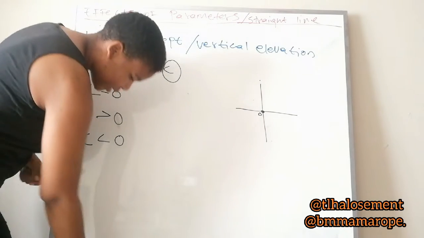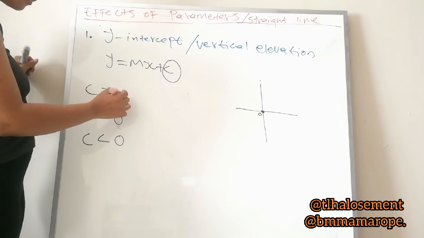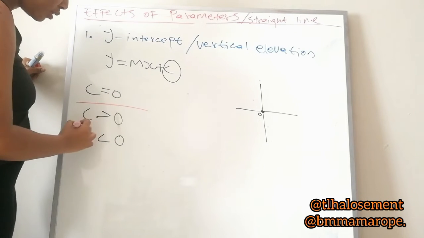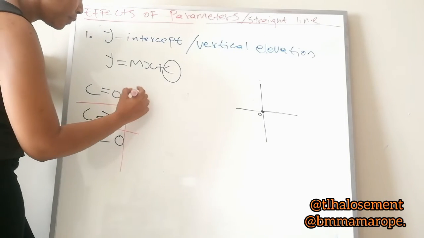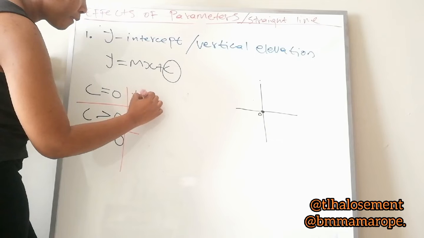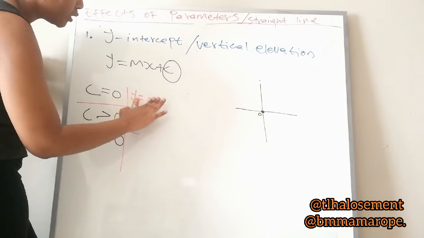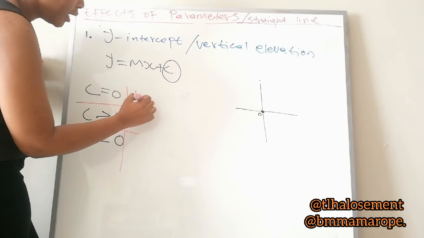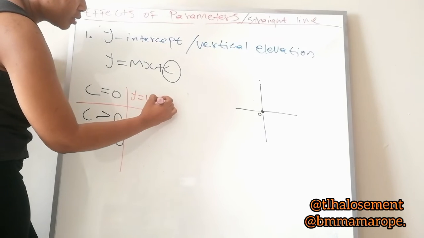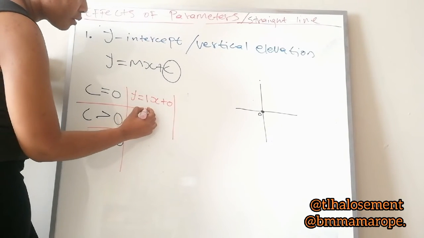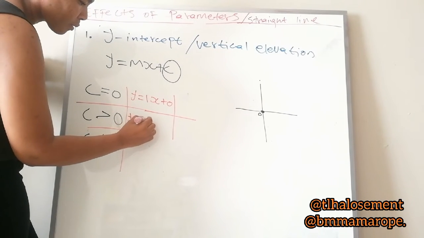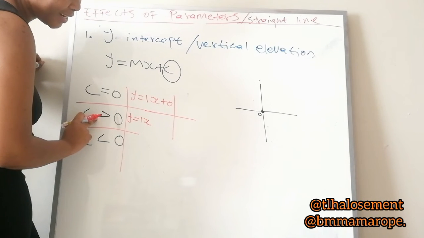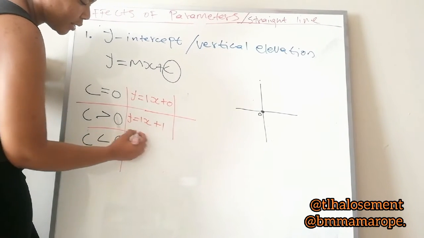For this one, let's take a different marker. We're going to have a function where, let me put this in a table. For this, our function will be y = x + 0, where the gradient m is 1. Here the gradient is still 1, but we said c is greater than 0, so let's say plus 1.